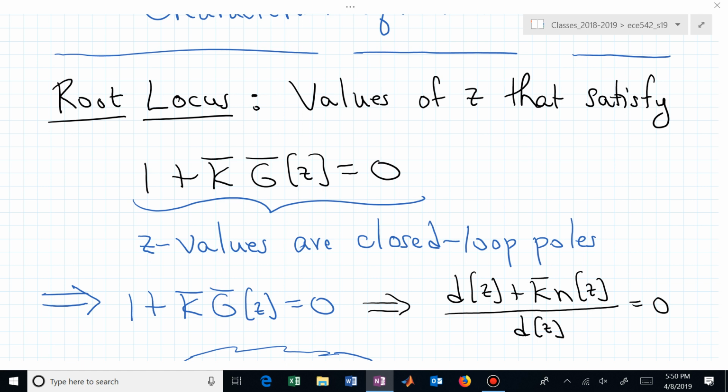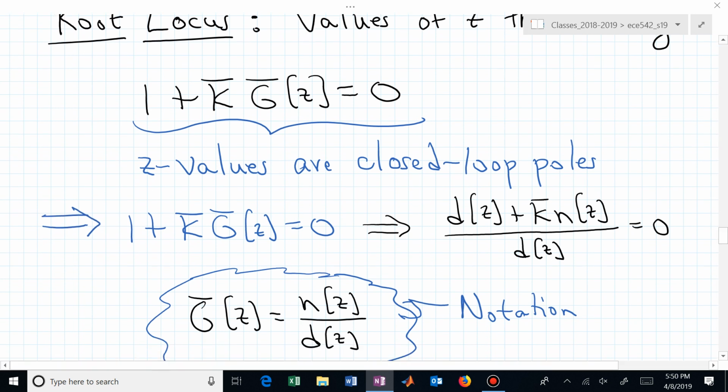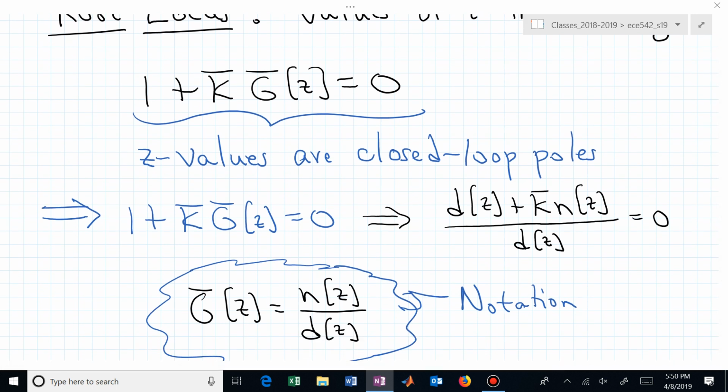If we obtain a common denominator of 1 plus k bar g bar, where g bar has a numerator polynomial n over a denominator polynomial d, that's the notation that I'm using, then we can rewrite 1 plus k bar g bar as simply d plus kn over d.